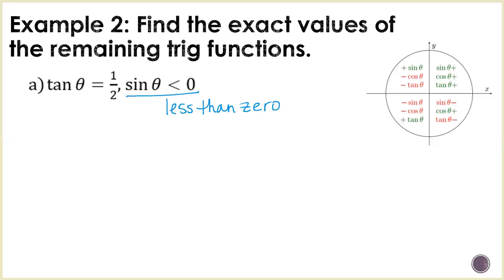So what this is telling me is that the sign is negative. So if it says that an angle is less than 0, then that is the hint to tell you that it's negative. So sine is negative.